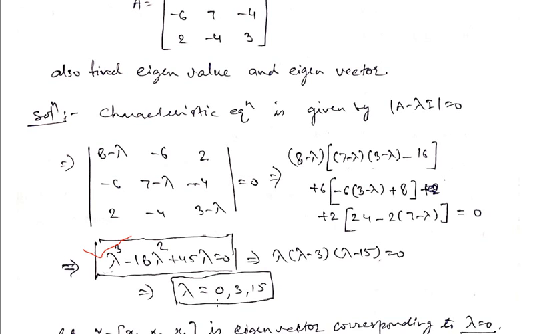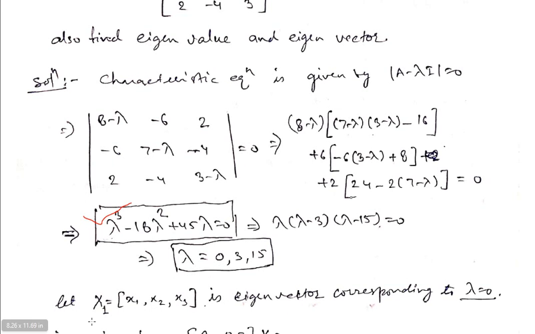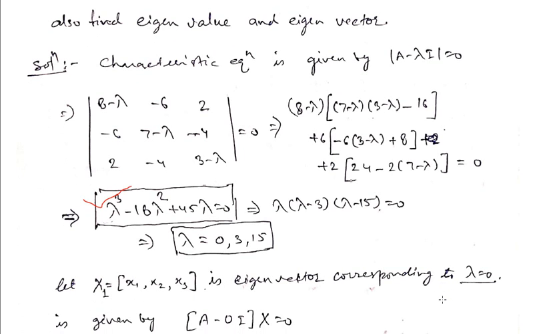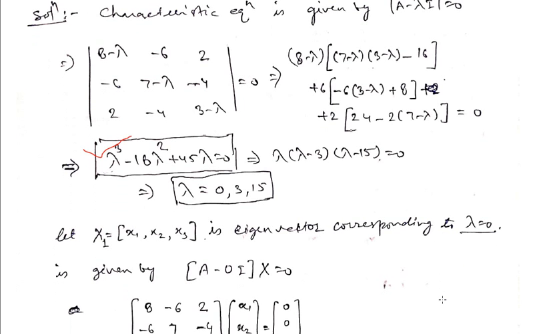Now for each eigenvalue we will find the eigenvector. So first we will find the eigenvector for the eigenvalue lambda equals 0. Suppose X1 is an eigenvector corresponding to lambda equals 0, which is given by A minus 0I. This is the coefficient matrix of the system of equations.